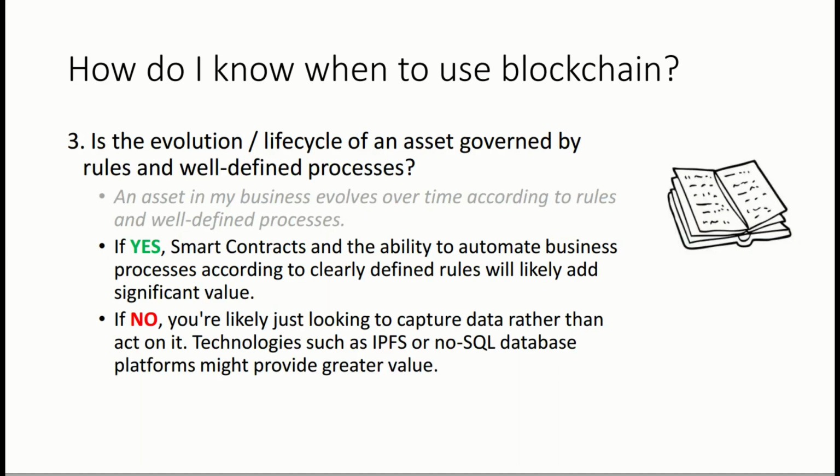All right, well, now we ask ourselves question number 3, and we say, okay, is the evolution or the life cycle of these assets, is that life cycle governed by any rules, any processes? Is it regulated in any way? And 99% of the time, when you ask yourself this question, the answer is going to be yes.